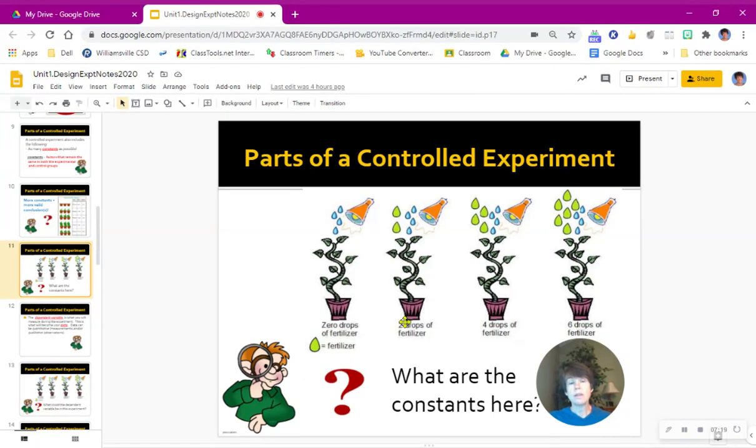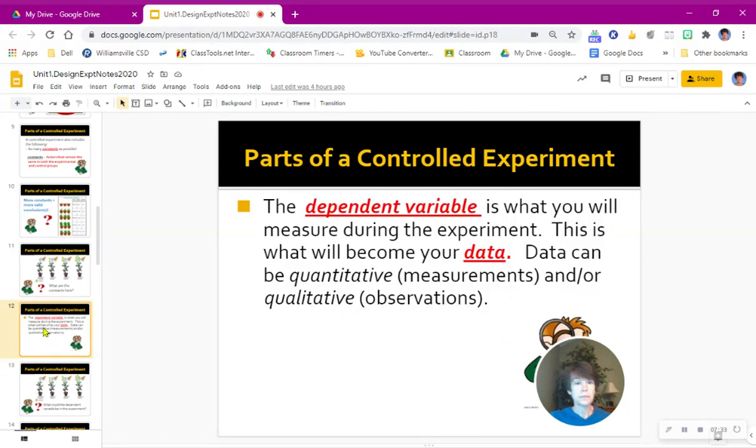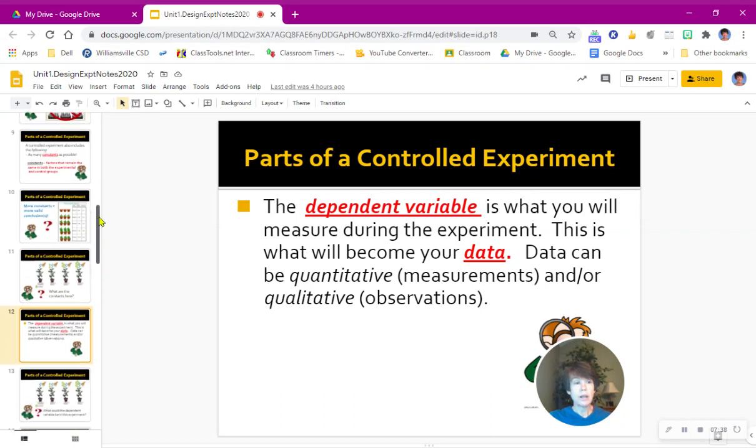They've all been planted in the same type of pot, and presumably the same type of soil is in those pots. So those things are all being held constant, so that the only thing that we're changing is how much fertilizer is being added. So we want to isolate that factor from all of the other things that need to be staying the same.